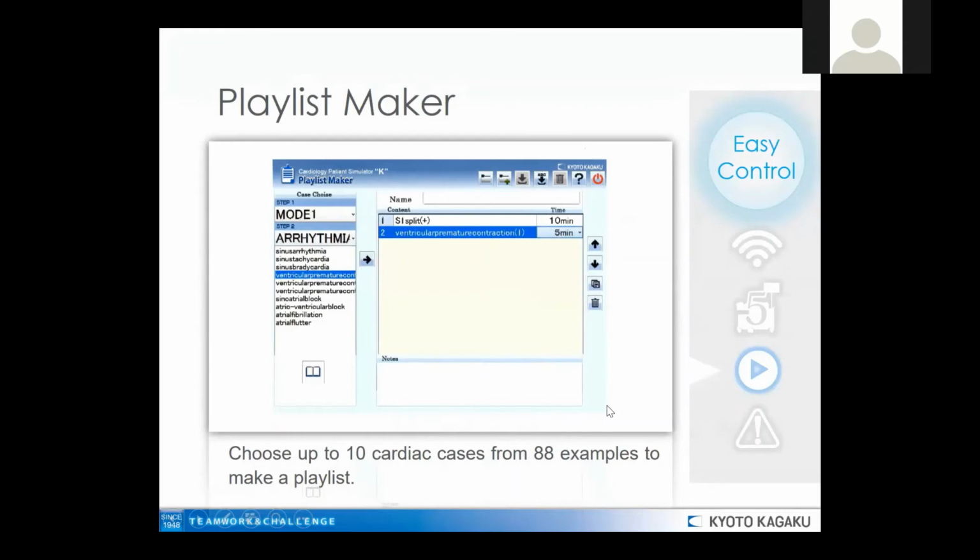They can make a playlist and save it in the tablet so that they just play it with their students, and then the cases will run and change automatically with the time assigned right here. So you can choose the case, the order of the cases, and the duration of the cases. You can choose up to 10 different cases from the 88.